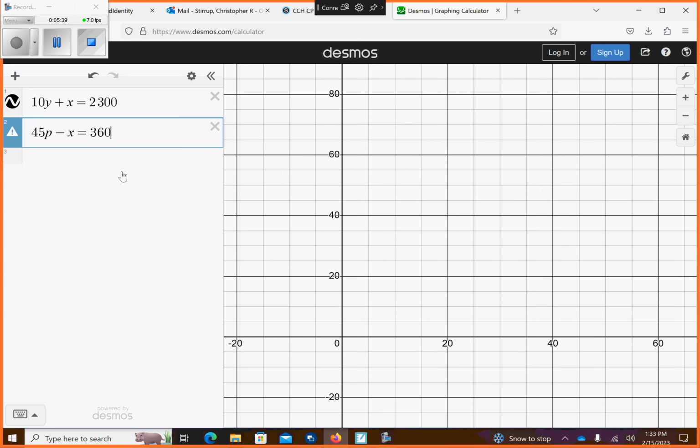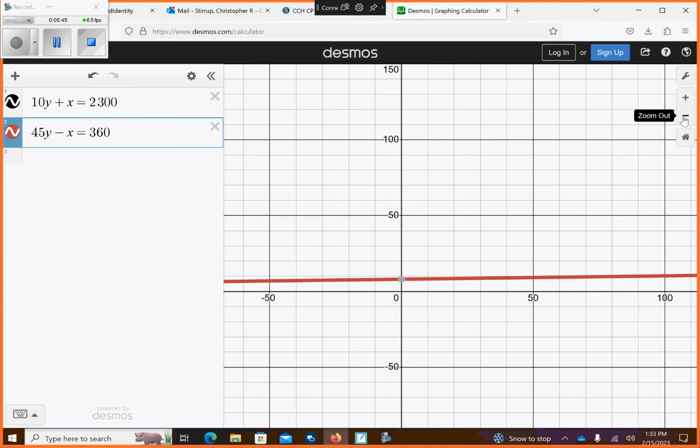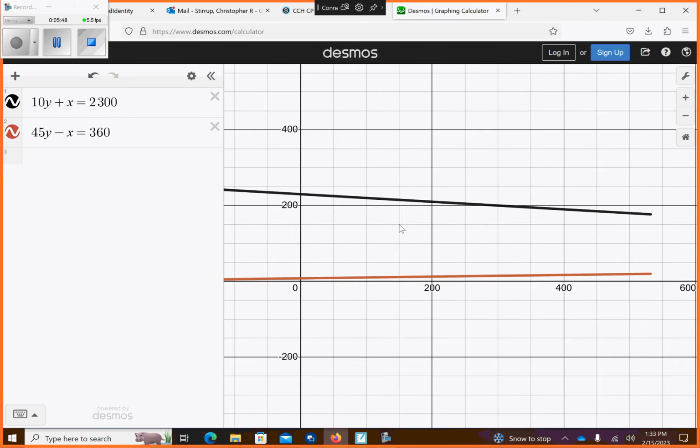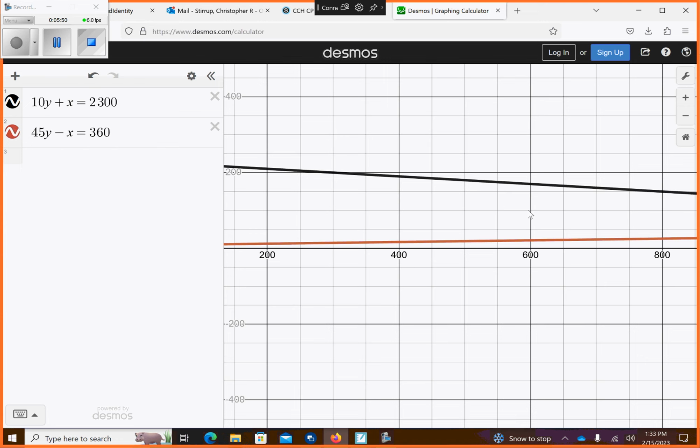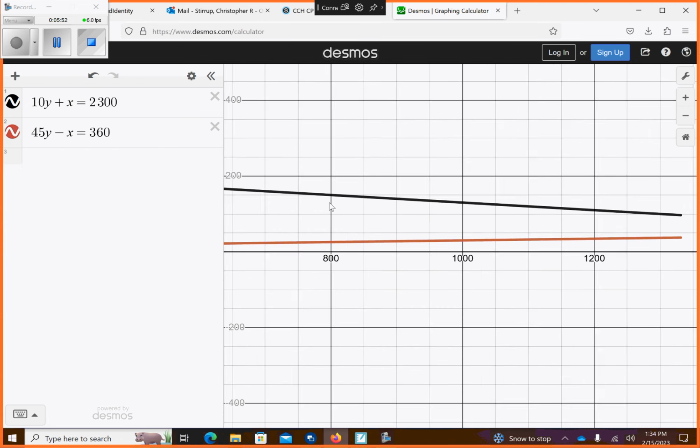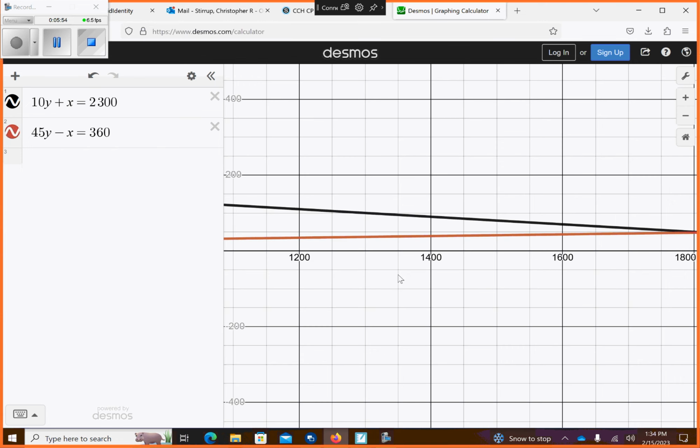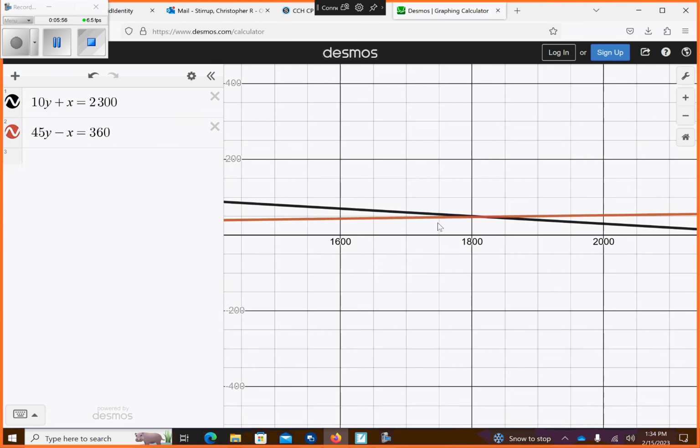Let's figure out, oh, sorry. All right, there's one graph. There's our other graph. So this right here is our point of equilibrium. All right.